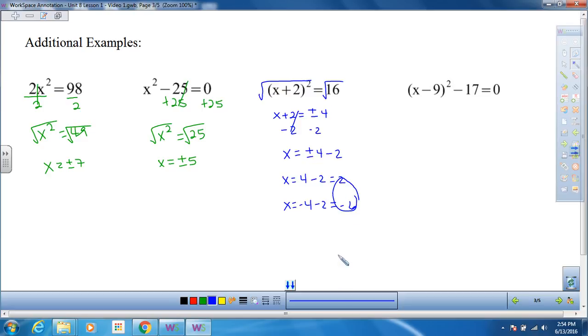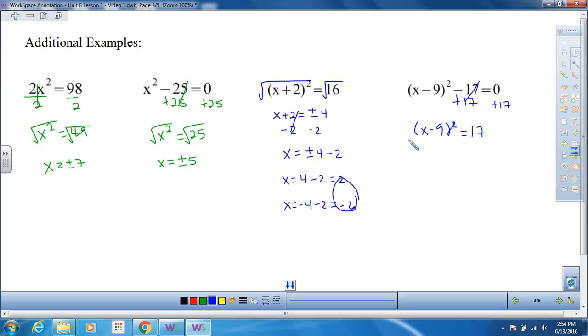Same kind of thing over here. We're going to add 17. Alright, so I get x minus 9 squared equals 17.